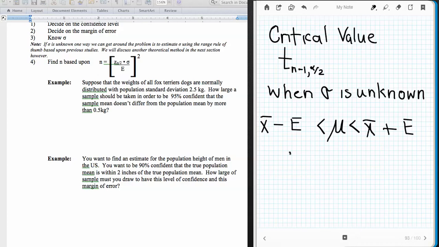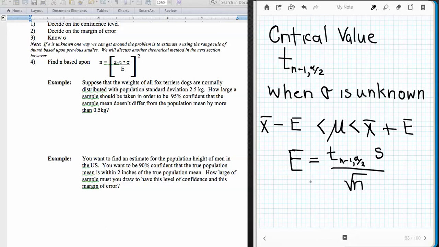And the margin of error calculation only differs by one thing, the sampling distribution, right? So my critical value is a t with n minus 1 comma alpha over 2, times, not sigma, but s, and then divided by the square root of n. And that's the only difference from what we were doing before.